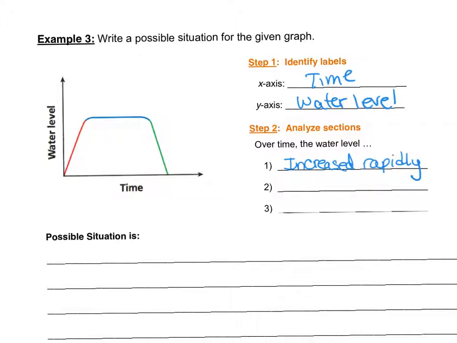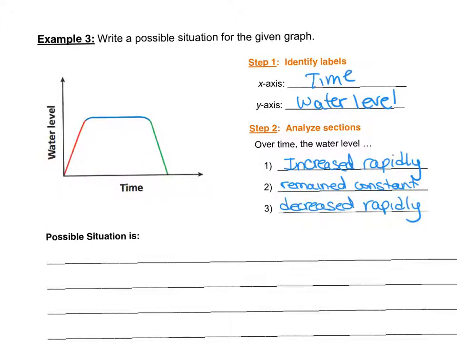And then at the second part, the water level remained constant for several minutes or hours. And then all of a sudden, the last part, the water level decreased rapidly. Very simple.